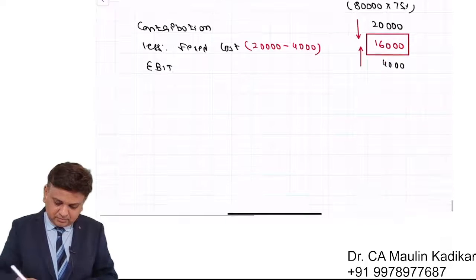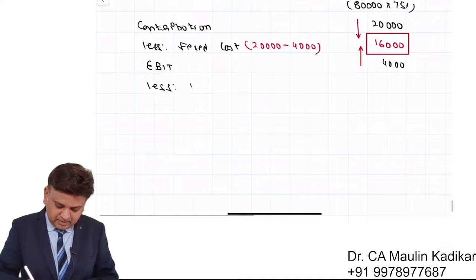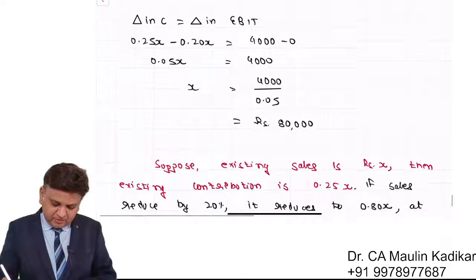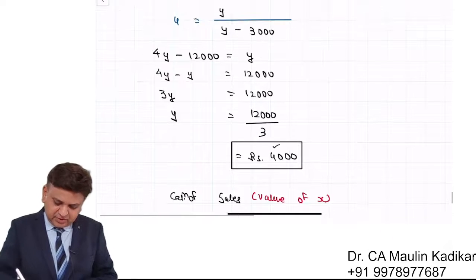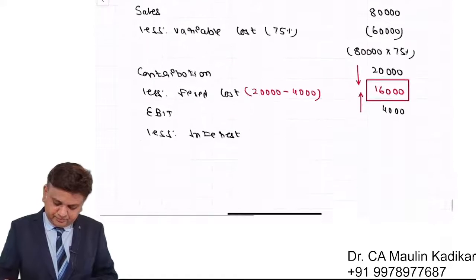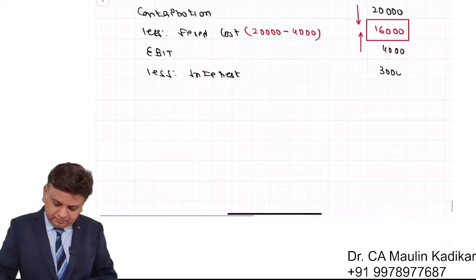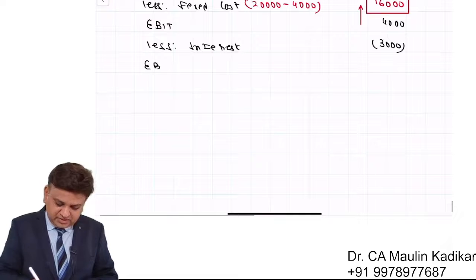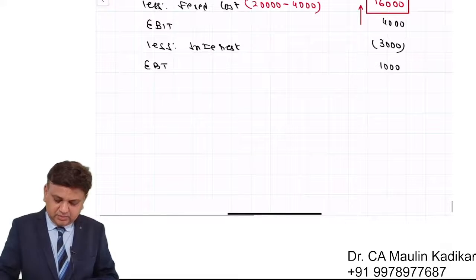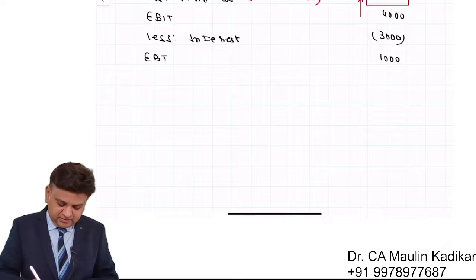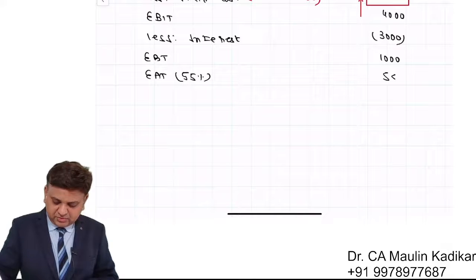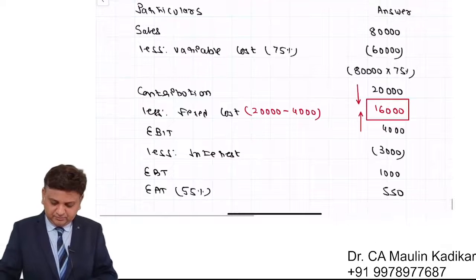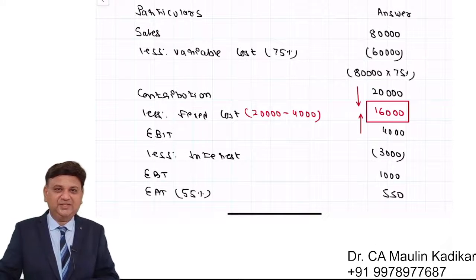Less interest amount. Amount of interest is 3,000. Earning before taxes 1,000. Earning after taxes at 55 percent is 550. Please write the answer.